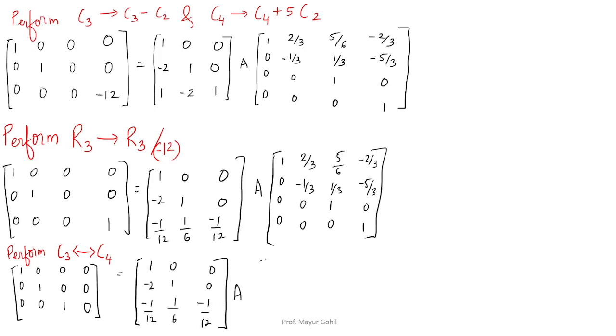Here it is A, and here it will be 1 0 0 0, 2 by 3 minus 1 by 3 0 0. Here it will be minus 2 by 3 minus 5 by 3 0 1, 5 by 6, 1 by 3, 1 and 0.